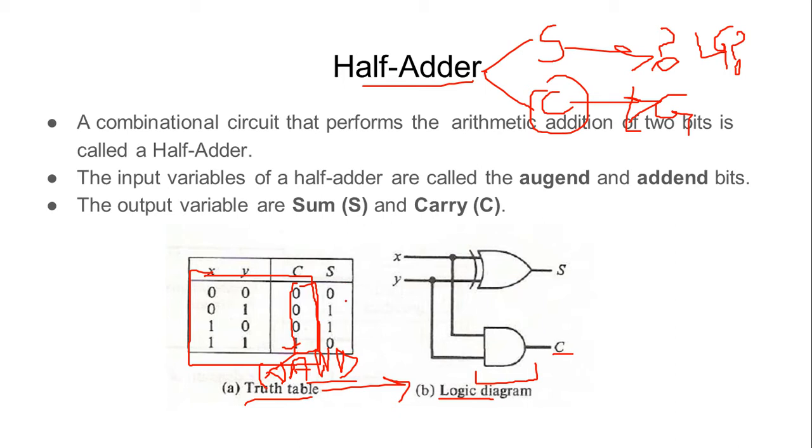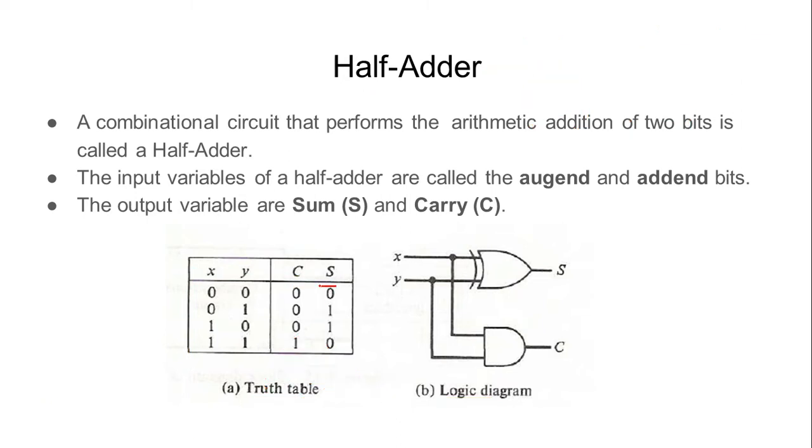Now if we look at how the sum is actually coming, the sum is coming like 0 1 1 0, right? So let's again understand these two points: x and y being 0 0, 0 1, 1 0, 1 1, and how this particular output of sum resembles a particular logic gate. If we look closely, it is nothing but an XOR gate.